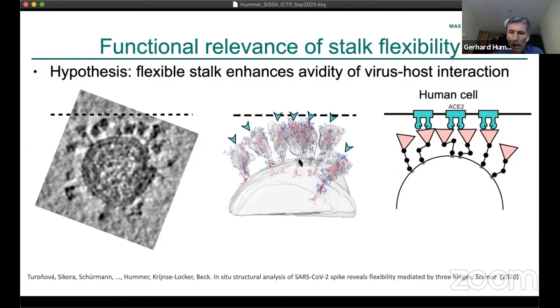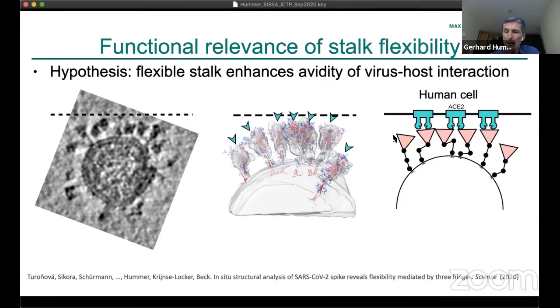Now, why do we think that the stalk is so flexible? Well, we think that a very possible explanation is that this increases the avidity. Avidity refers to having multiple interactions in parallel, each one of them relatively weak, but jointly making the interaction very strong.